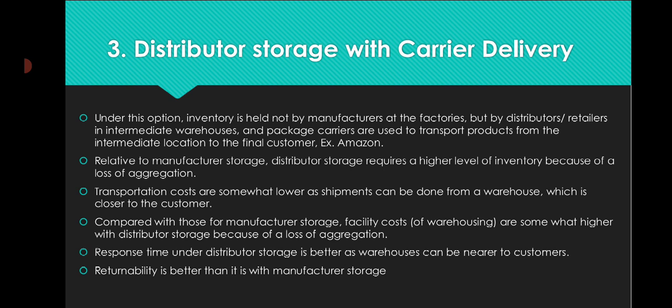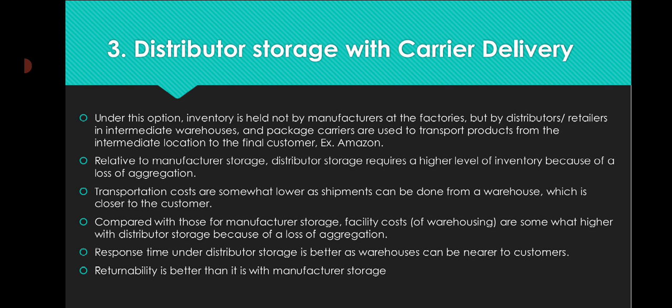Here, distributor storage with carrier delivery. Relative to manufacturer storage, distributor storage requires a high level of inventory because of loss of aggregation. Transportation costs are somewhat low as shipments can be made from warehouses closer to the customer. Compared with manufacturer storage, the facility costs of warehouses are somewhat higher because of loss of aggregation.